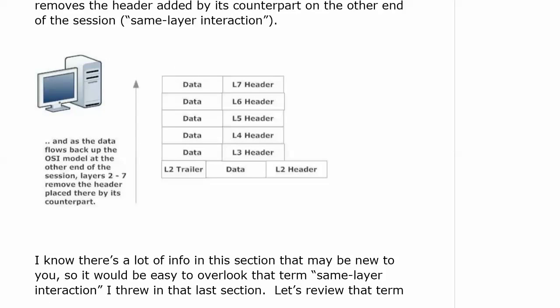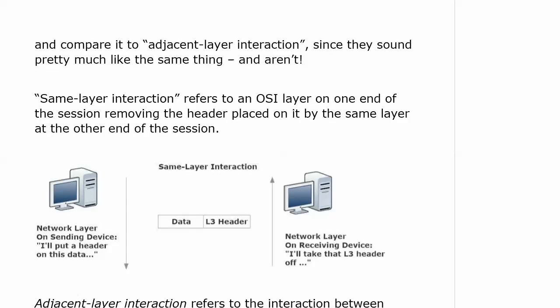Now, again, there's a lot of information in this section that may be new to you. So it would be easy to overlook a term I just mentioned, same layer interaction, that I threw in there in that last section. And I want to review that term with you and compare it to adjacent layer interaction, because it kind of sounds the same. They sound kind of like the same thing, but they are not.